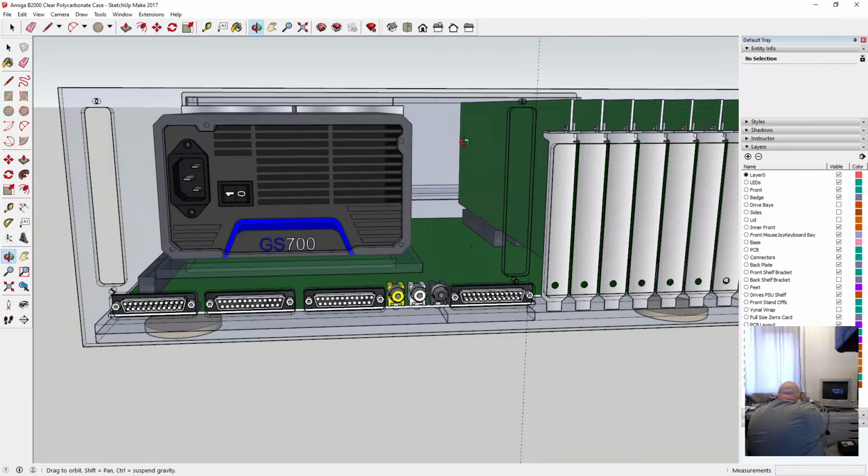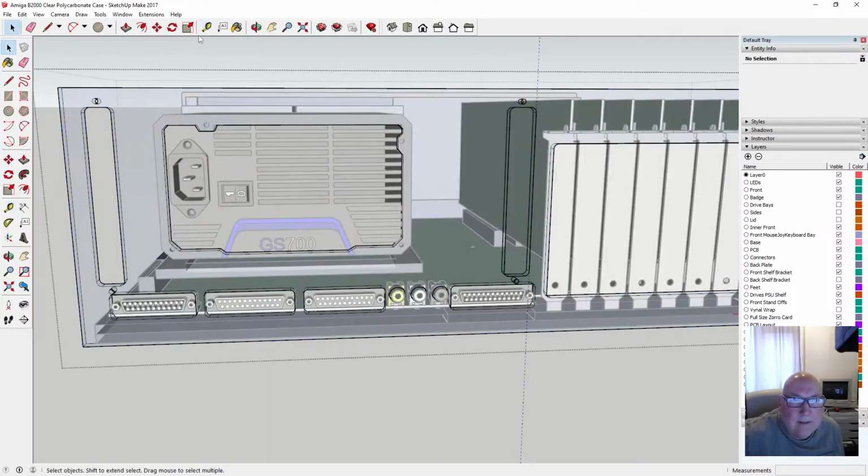So it's 9.5 mil from the one edge. So 9.5 mil, and we need to copy that again.